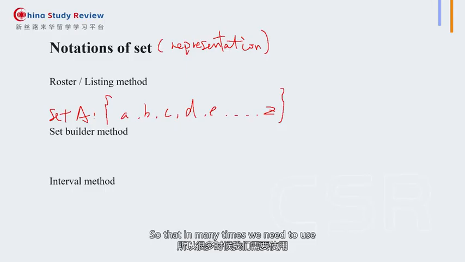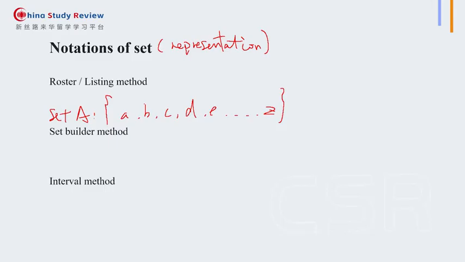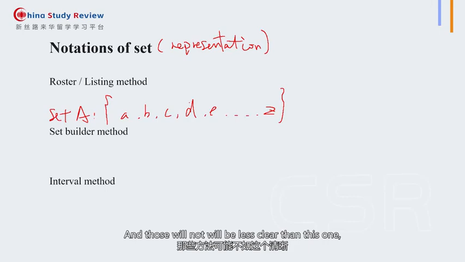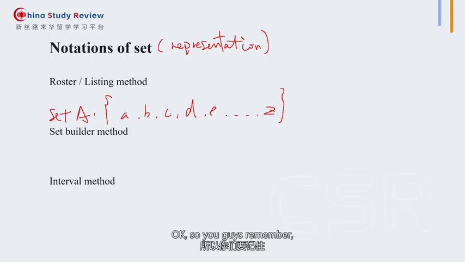So many times we need another method to represent the set, so that you don't need too much space and time to write it. Those methods will be less clear than this one, but more convenient, though somewhat harder than the listing method. Remember, the roster or listing method is simply listing every element and separating them with commas.